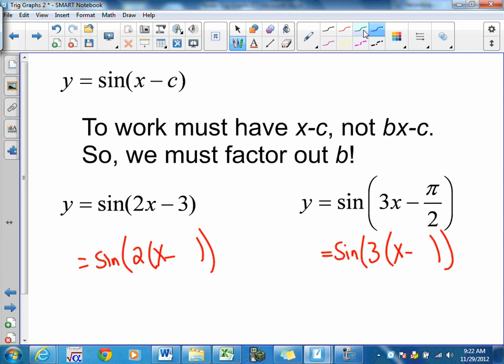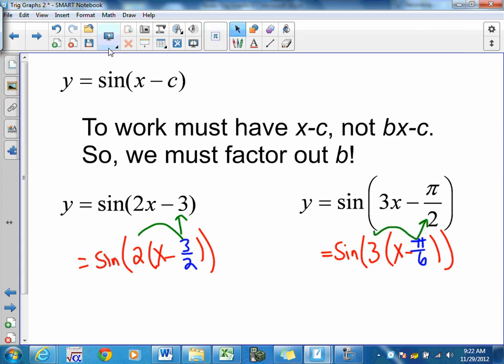And in turn, what would I have left? Well, if I factor out a 2, this would be 3/2. Here, if I factor out a 3, this is pi over 6. Now, one way to help you see that is if I multiply this back, I get 3. If I multiply this back, I get pi over 2. So that's just kind of some background stuff to get us ready.